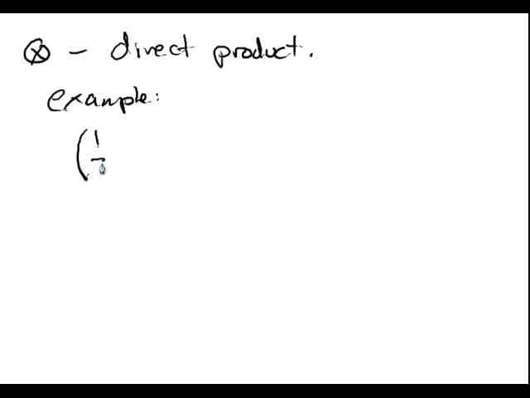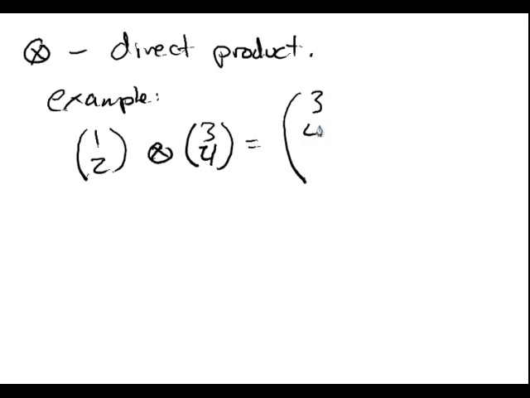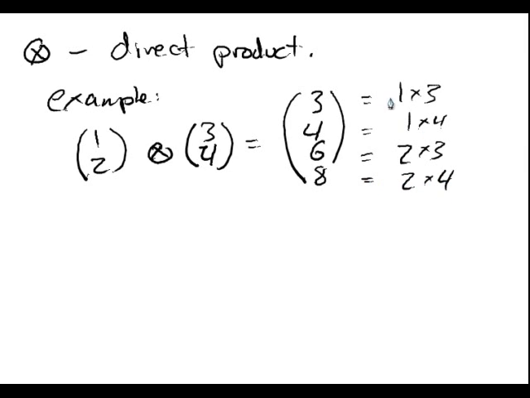As an example, we can look at the direct product between two vectors, and we'll look at two-dimensional vectors first, since that's what we're most familiar with. Take the vector 1, 2, direct product with the vector 3, 4. We get the result 3, 4, 6, 8, where we notice that's now a four-dimensional vector, and it comes from the fact that 1 times 3 is 3, 1 times 4 is 4, 2 times 3 is 6, and 2 times 4 is 8.